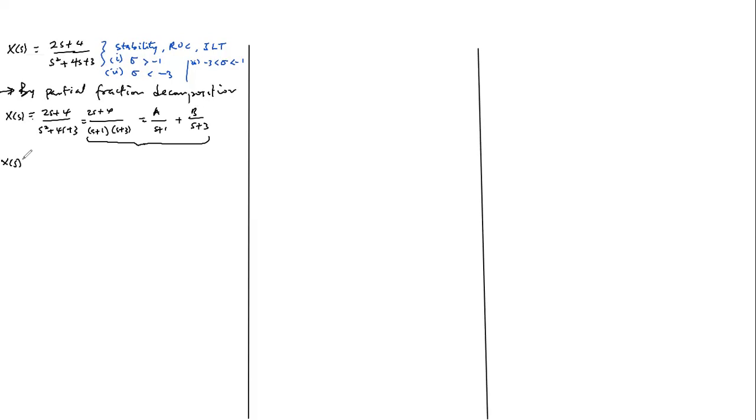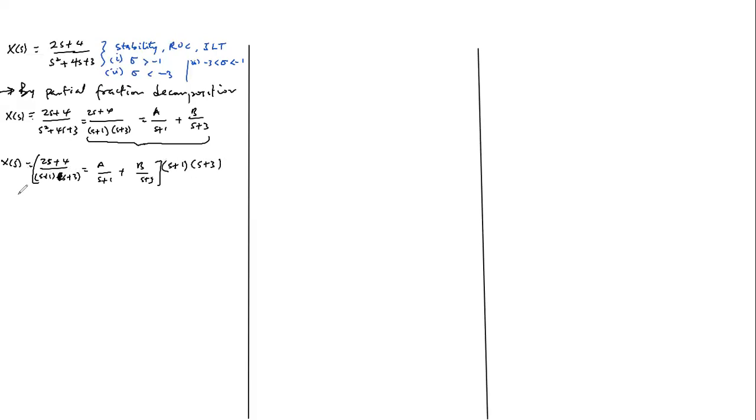So X(s) equal to 2s plus 4 divided by s plus 1, s plus 3, is A over s plus 1 plus B over s plus 3, multiplied through by s plus 1, s plus 3.